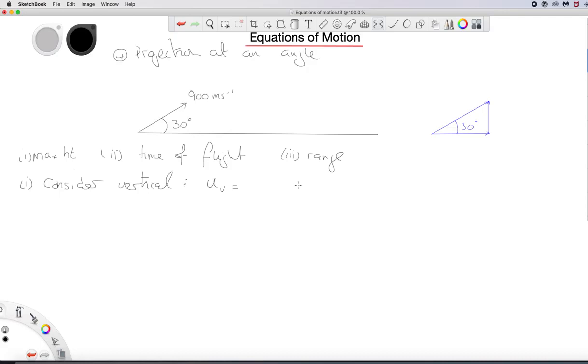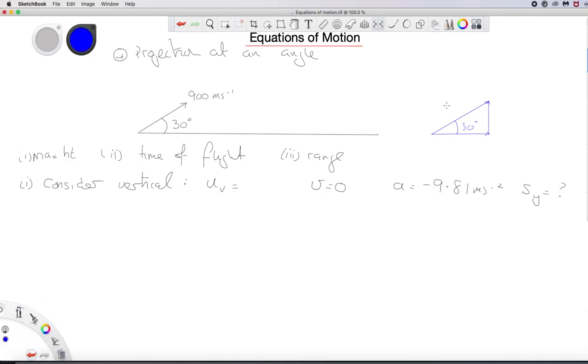And we know, of course, when it gets to the top, it's going to stop. And we know the acceleration will be minus gravity, because as it goes up, it slows down. And we want to know the vertical displacement under these conditions.